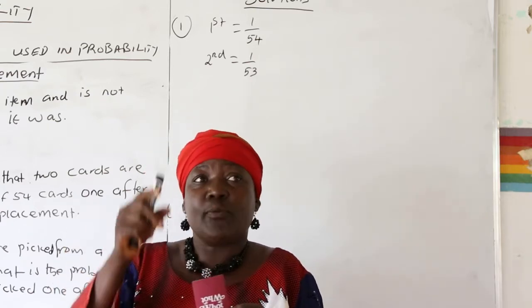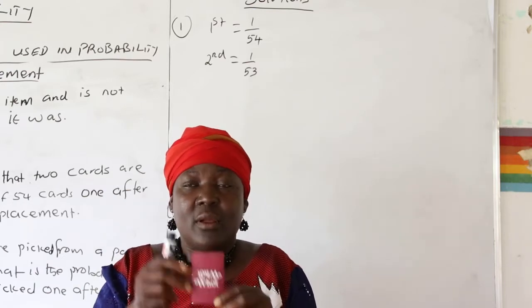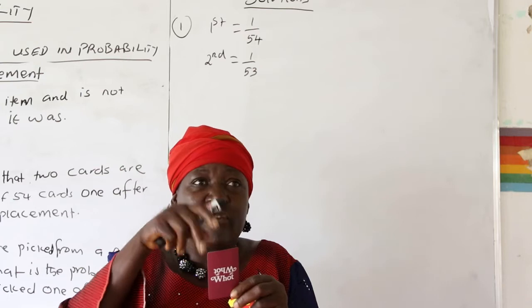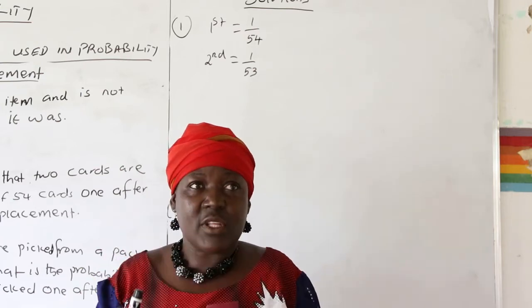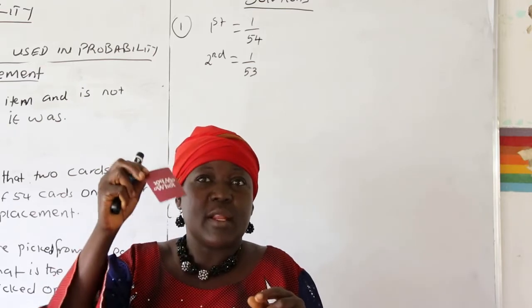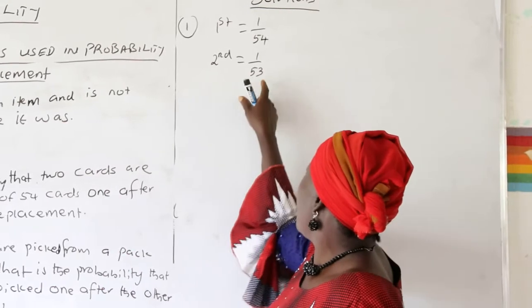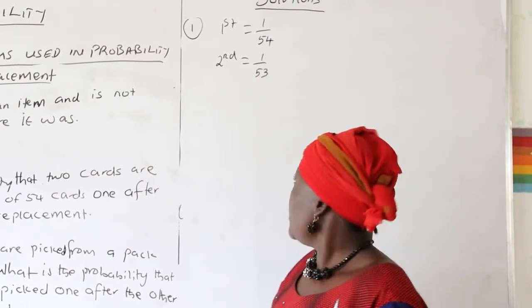If that category is 7 and I pick one out of them, then it will be the total number of those types, which is 7 over 53. But it is not so. It just says we should pick one card without specification. So that is why I have 1 over 53.